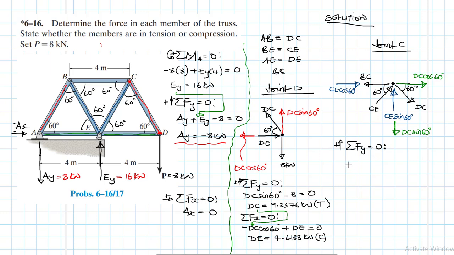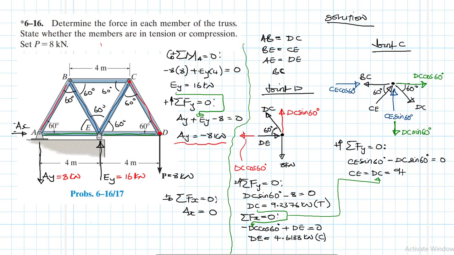So we have CE sine 60 minus DC sine 60 equal to 0. Therefore, my CE is equal to DC, which is equal to, remember we calculated this already.